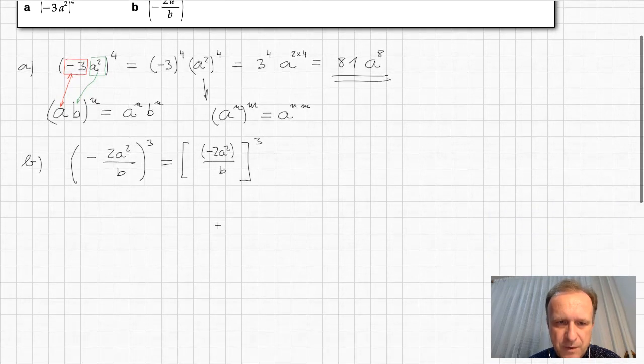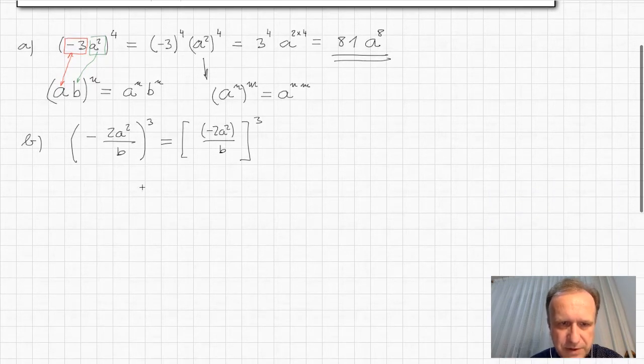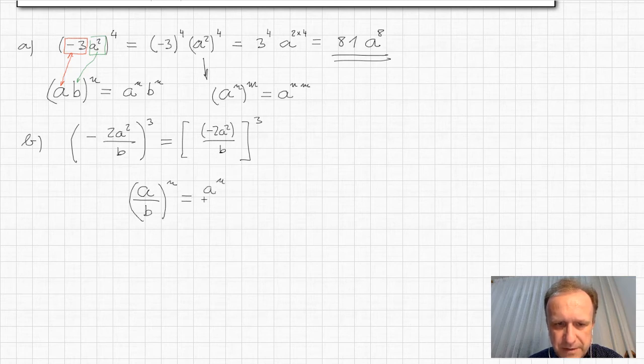Now I can invoke another law, actually the law about the quotient. So a over b all raised to the power of n is a to the power of n divided by b to the power of n.